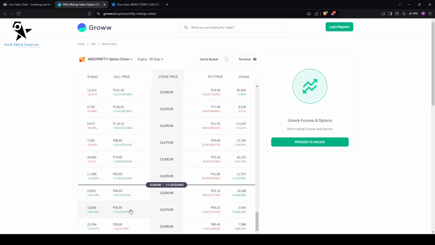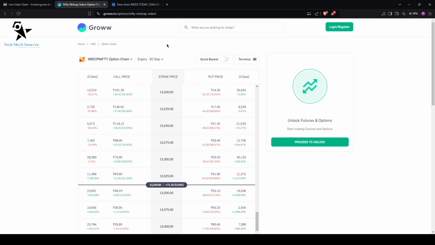Now, if you buy this, what about the OI, the chances that the market is going to go up or down? You can see the OI here is 23,601 lots, and here 11,372. That means the market is expected to go down, not up, because the open interest is more on the call side.